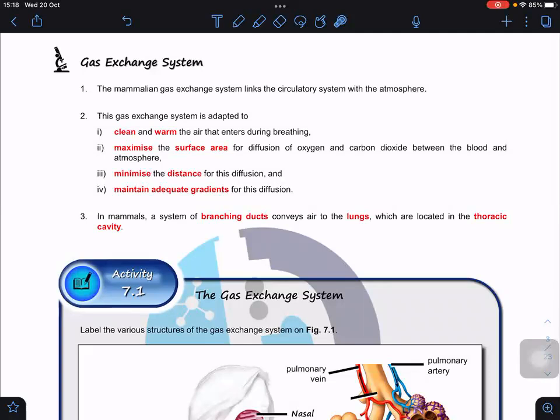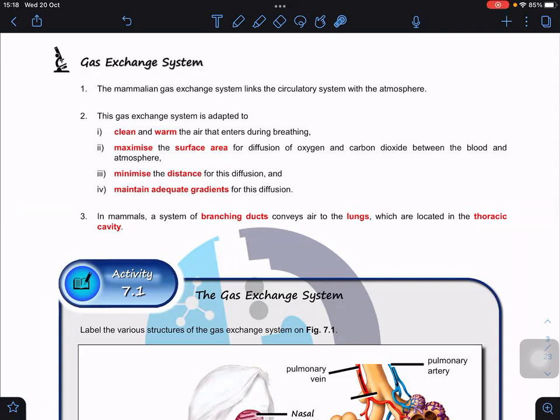So the one that actually helps us is the gas exchange system. If not, we won't be able to get sufficient oxygen and we won't be able to get rid of CO2. So in order to do this, our gas exchange system must have certain adaptations, or we call them features, to help us carry out this particular function.